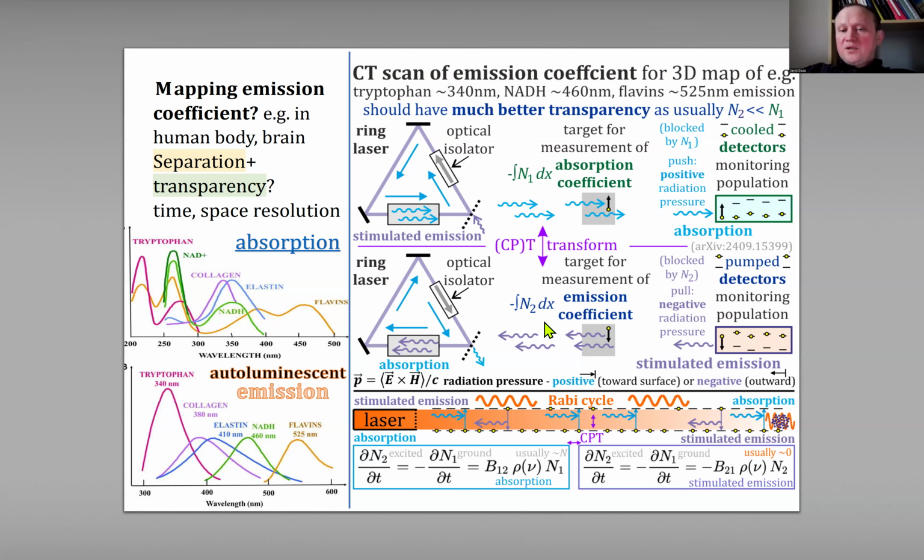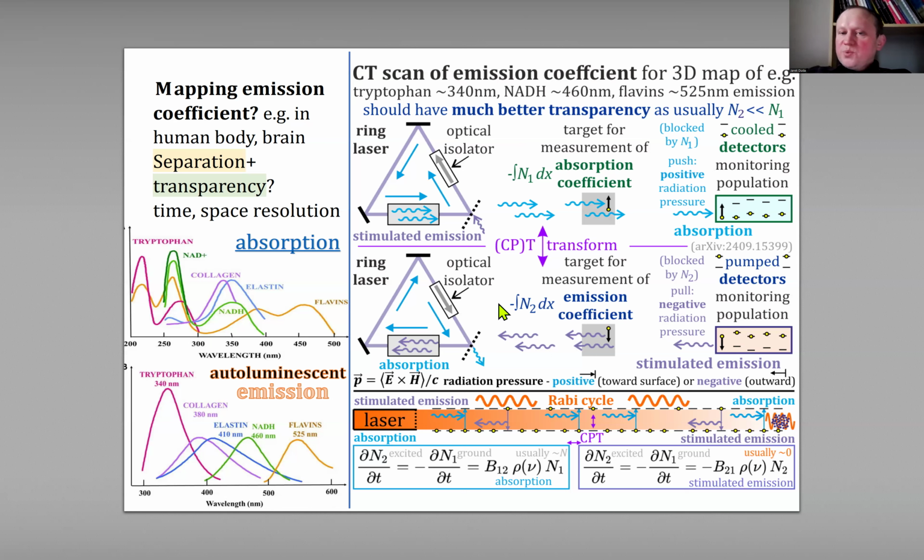This is why it's better, because the number of excited atoms is usually much smaller than of ground state atoms. So it should have much better transparency. While standard light goes maybe like 1 centimeter into a body, these photons should in theory be blocked not by the ground state, which stops the standard photons, but by the excited state, so negative radiation pressure photons.